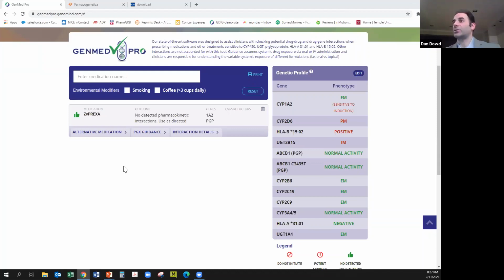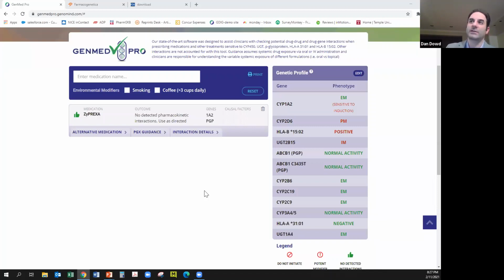Keep in mind that depending on how far back you go, we didn't include certain genes in prior results. So HLA, UGT, ABCB1, those are new as of about 1.5 years ago. We don't have the ability to go back and retroactively add these new genes to old reports. The algorithm changed when we added these new genes.